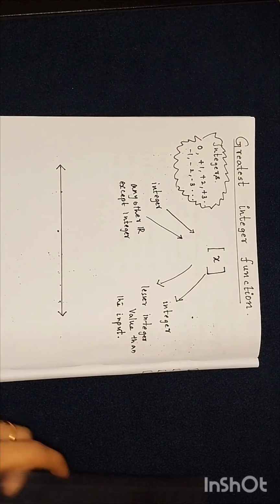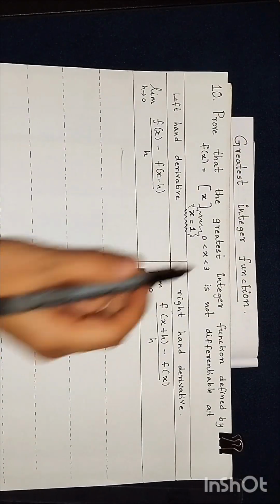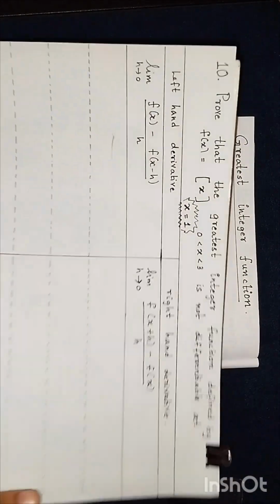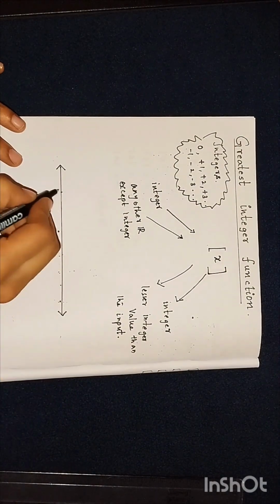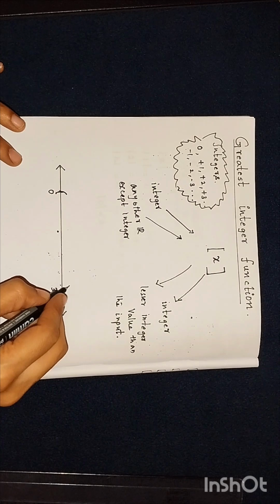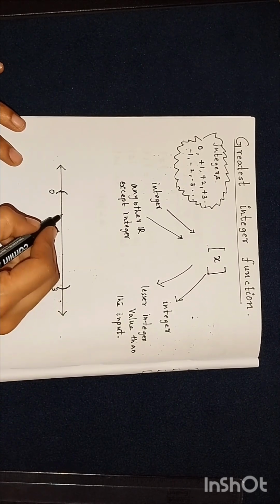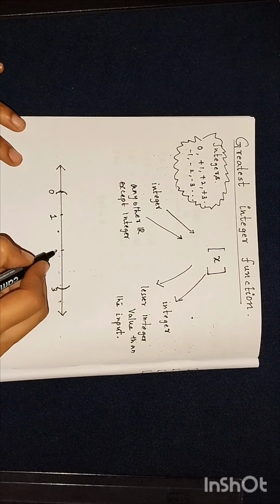In the question they have given the domain of x from 0 to 3. So we will use this in the number line, 0 and 3. This is an open interval because we will not take 0 and 3. So here you will get 1 and 2.